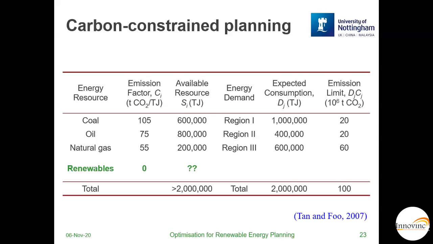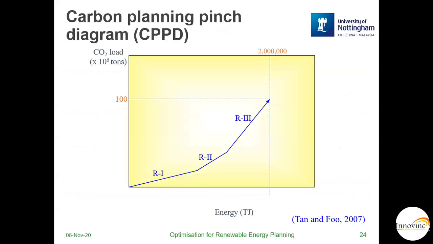What we are trying to do is to maximize the usage of fossil fuels and minimize renewables. The reason is that renewable is still a transition energy source, where you have many other considerations such as intermittency, and it's not as cheap compared to fossil fuels. So what we do is plot a CO2 load versus energy diagram, where we place the 3 different regions.